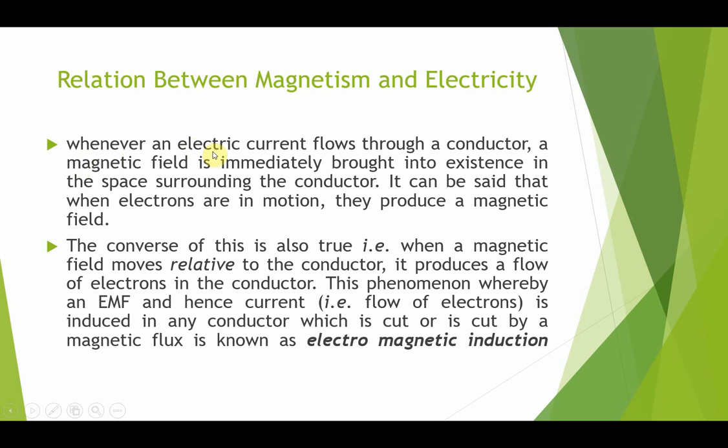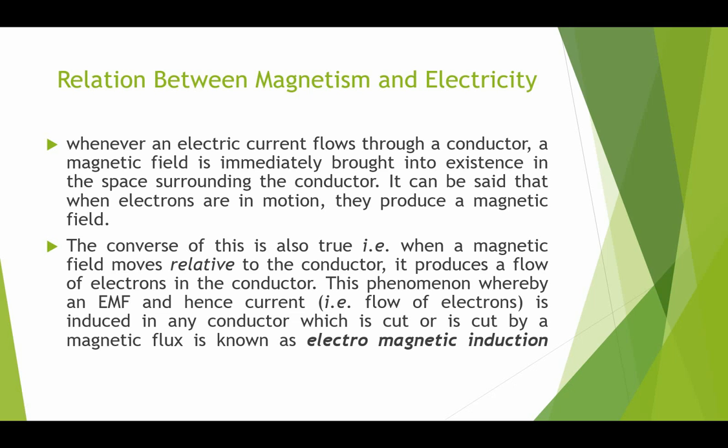Whenever an electric current flows through a conductor or a wire, a magnetic field is immediately brought into existence in the space surrounding the conductor. It can be said that when electrons are in motion, they produce a magnetic field.